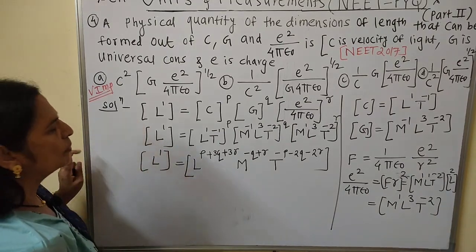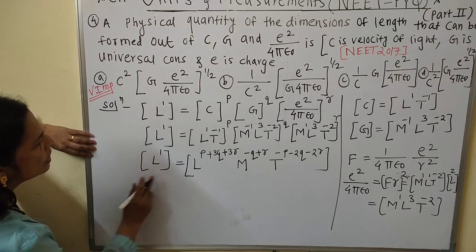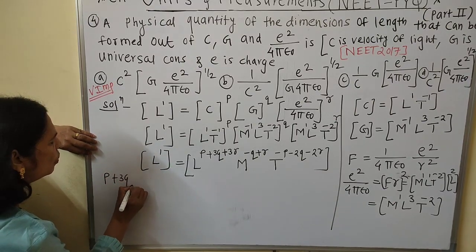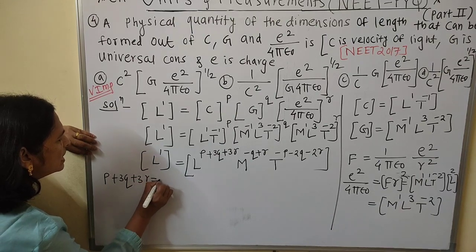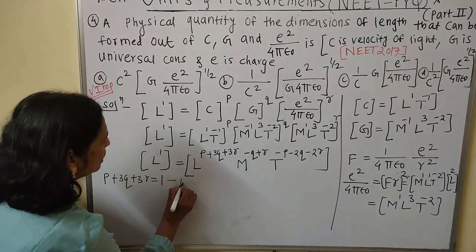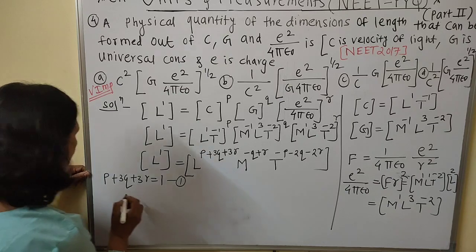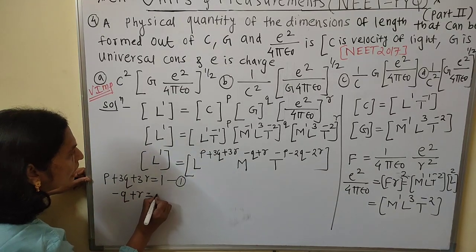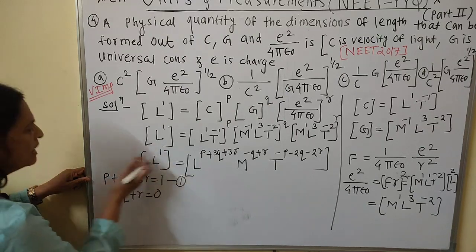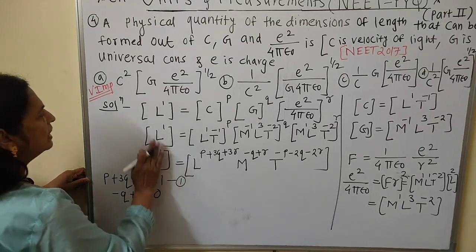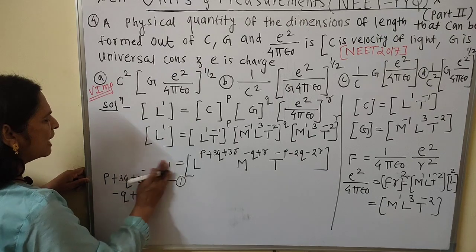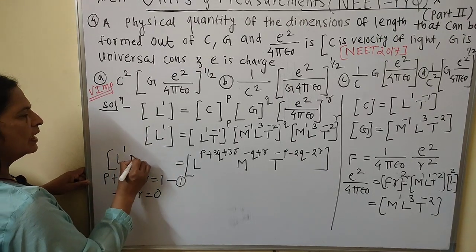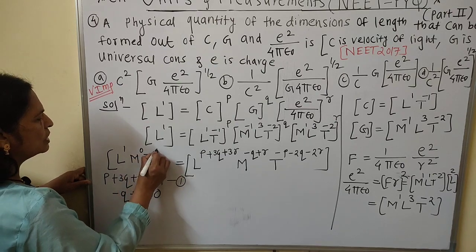Now equating both the sides, we can write the first equation: P plus 3Q plus 3R is equal to 1. This is equation number 1. Now the second equation: minus Q plus R is equal to 0, because M is absent here, and we can write the dimension of length in this manner also: L raised to 1, M raised to 0, T raised to 0.